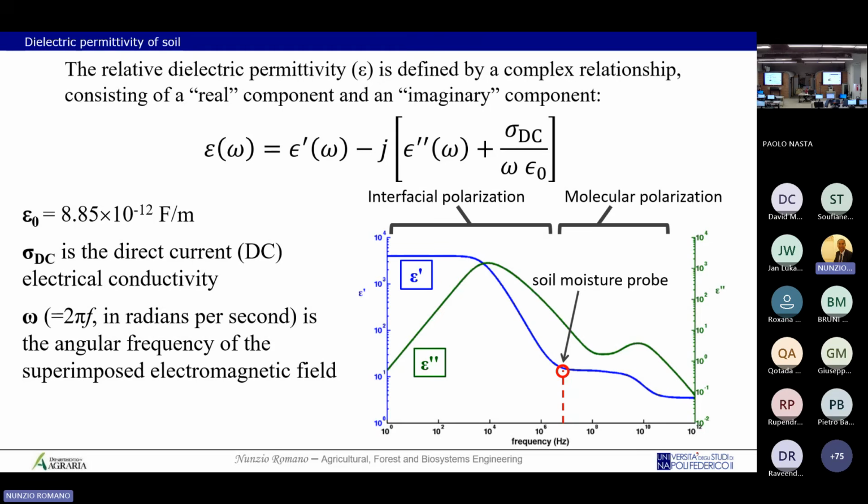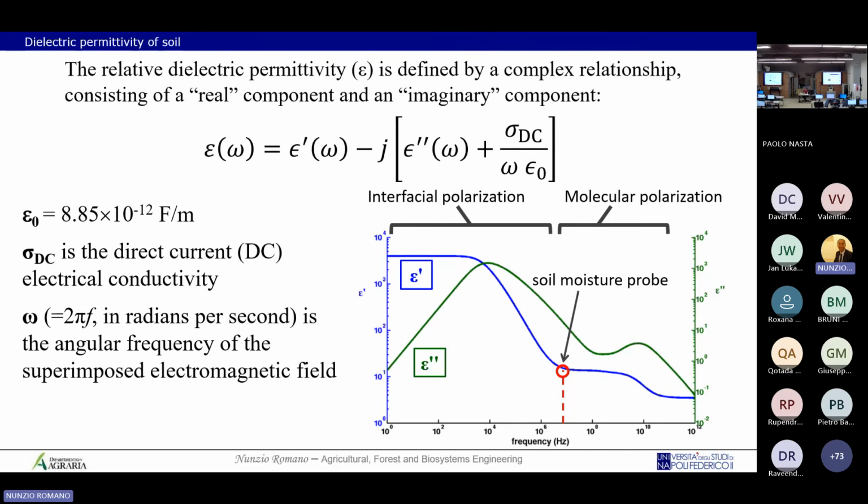You can see there is a plateau at the beginning for low frequency, then an abrupt drop, a shift, and then again when you approach 10 to the 8 hertz, another plateau.